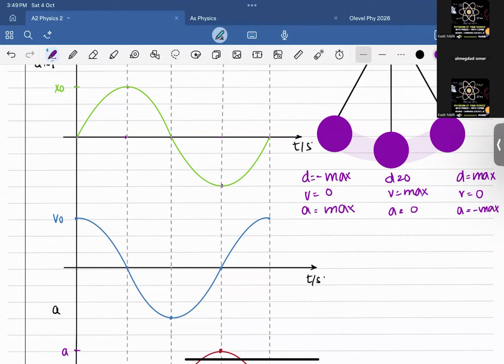So you can see that the displacement and the acceleration are both maximum at the same time and zero at the same time, but they are in the opposite direction. Where the displacement increases, the acceleration increases in the opposite direction, and where the displacement decreases, the acceleration decreases in the opposite direction. So this is the concept.